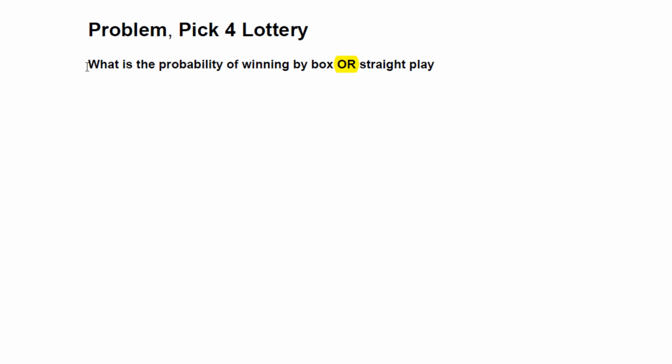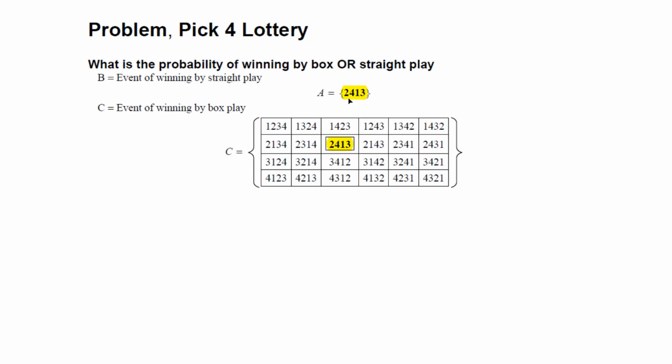Now the question is, what is the probability of winning by box or straight play? Let's assume we are playing these 4 different digit numbers, and we can arrange them in 24 ways according to the box play. So we need to win either one. How many possibilities do we have here?